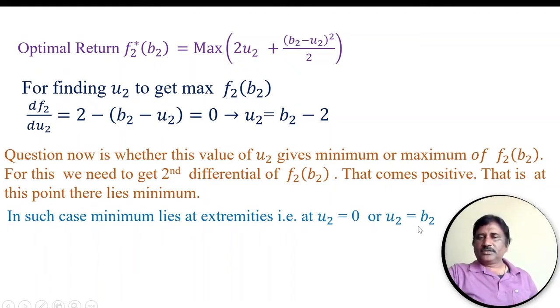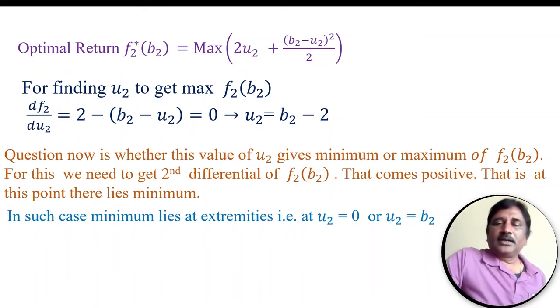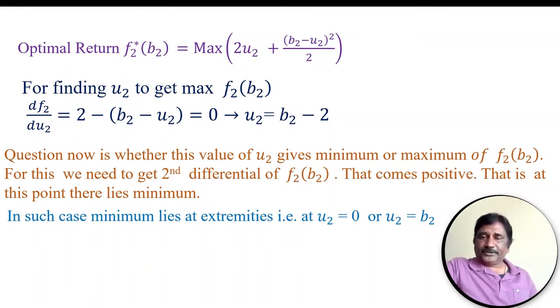Okay, u2 can maximum go up to b2, right? You can check this argument with the problem itself. So the range extremities of u2: on the left hand side will be u2 equal to 0, and on the right hand side it will be u2 is equal to b2.